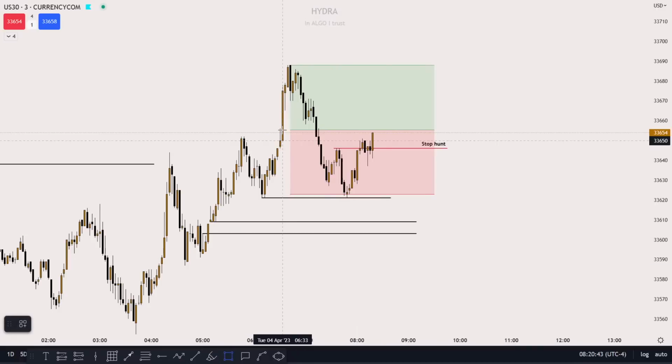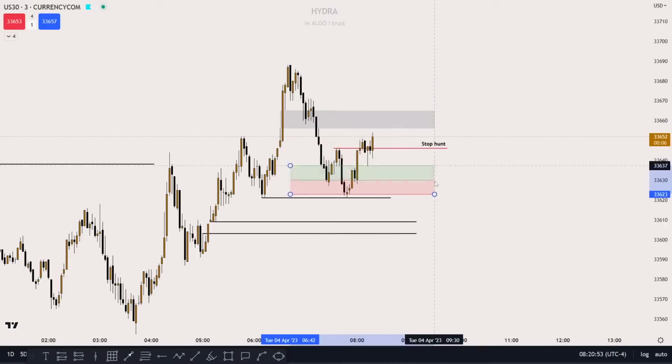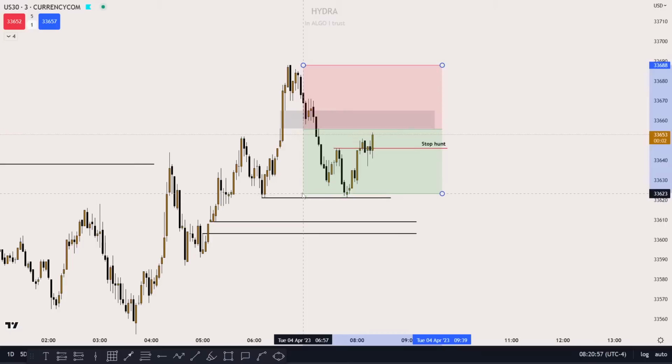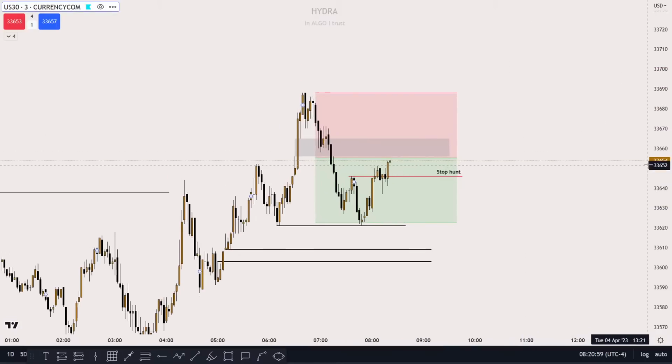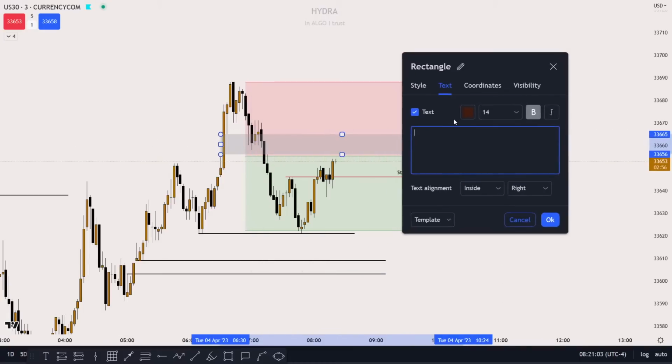All right, so we have a reclaimed fair value gap right here, right? So I want to see price do something like this. Wait, let me fix the Fibonacci. Yeah, now it's good. So this is the reclaimed fair value gap.